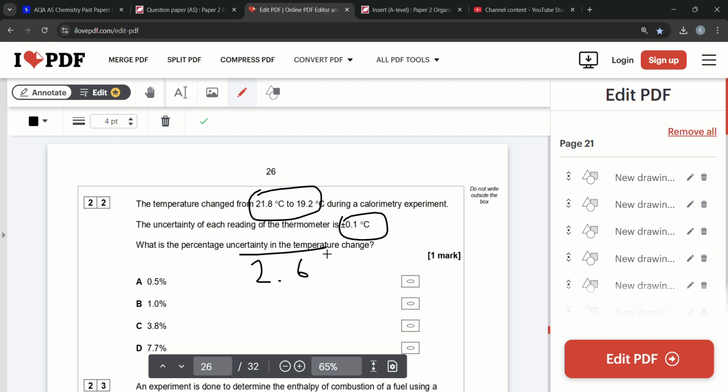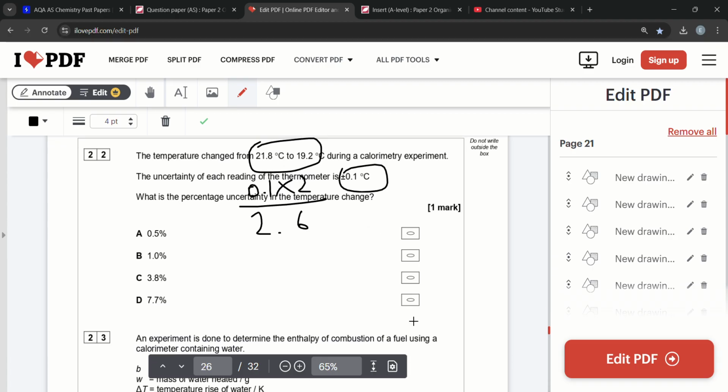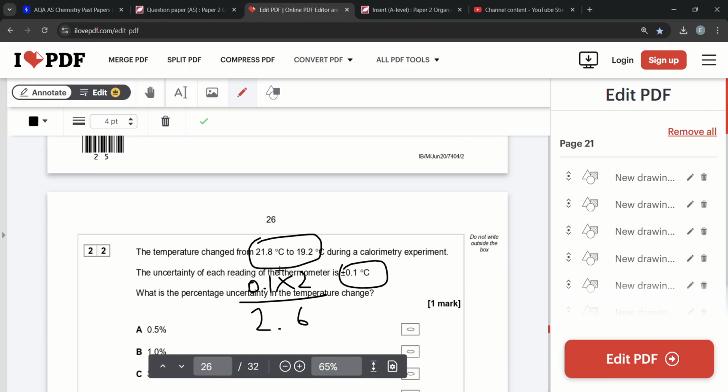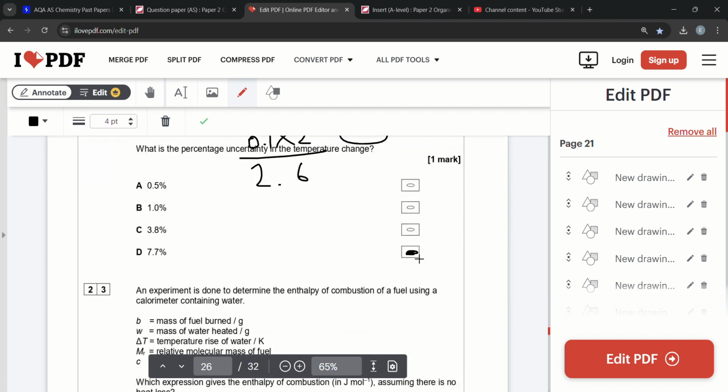Because we've got 2 readings, it's going to be 0.1 times by 2, divided by 2.6 times by 100, should get 7.7%. So the tricky part really is most students probably get, okay, that's a change, so it's going to be 0.1 divided by 2.6 times by 100 percentage, but forget we've got 2 readings. This is the first reading, this is the second reading, or vice versa, so we need to times this by 2 to get 7.7%.